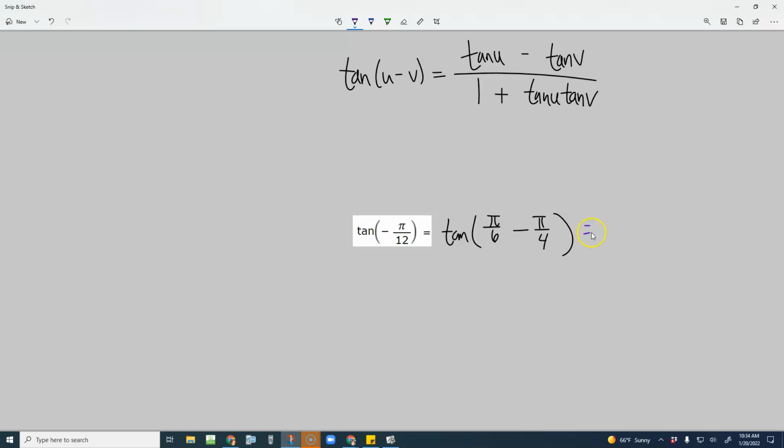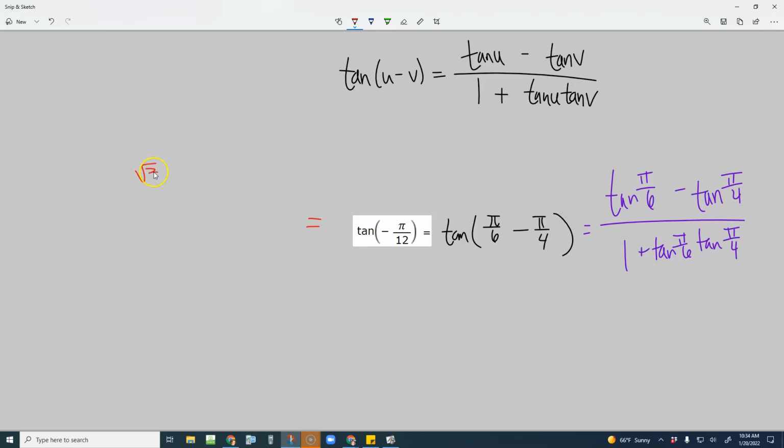I could expand this to be tangent of pi over 6 minus tangent of pi over 4, and now it's time for the cheater chart. 1, 2, 3, 3, 2, 1, all over 2.